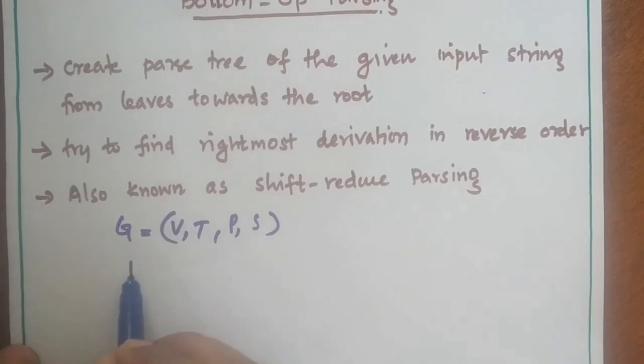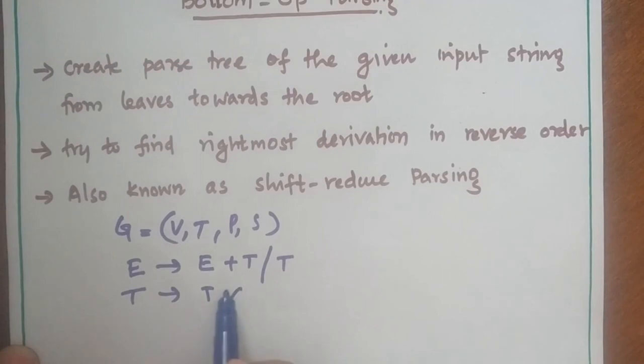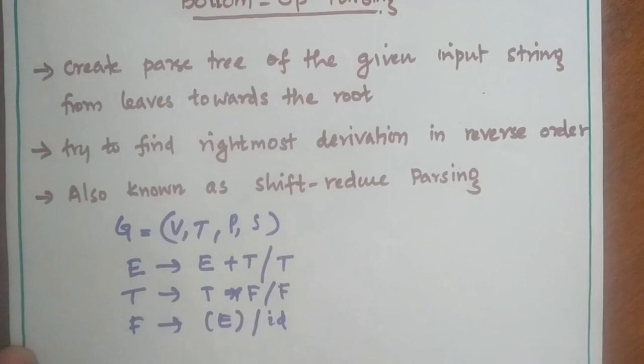The set of productions are E gives E plus T or T. T gives T star F or F. F gives within brackets E, or ID.